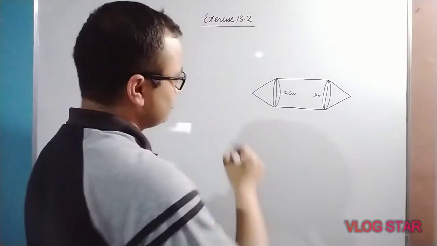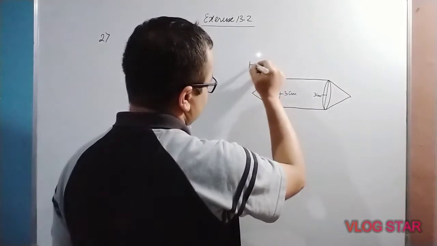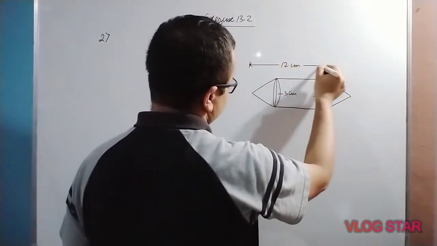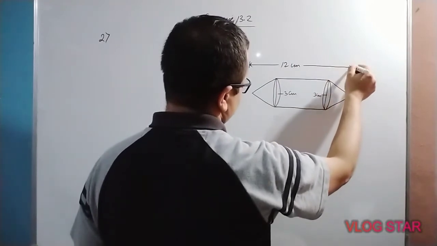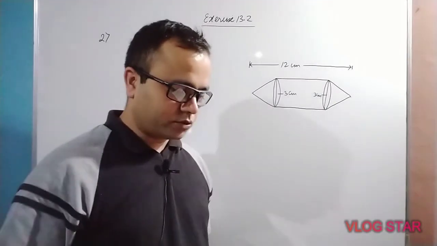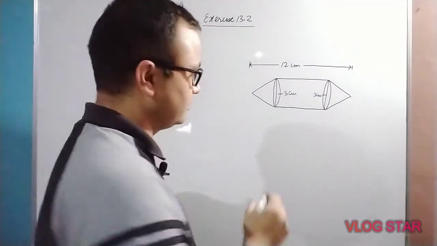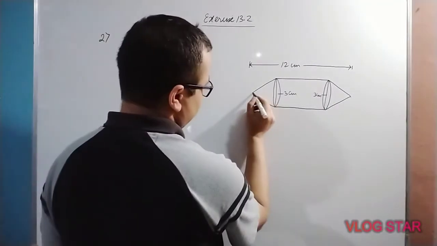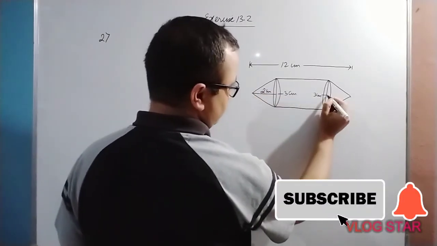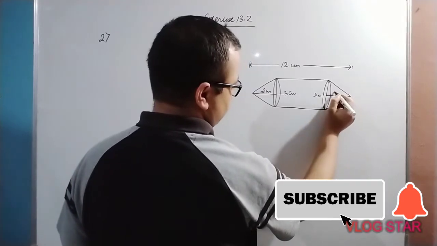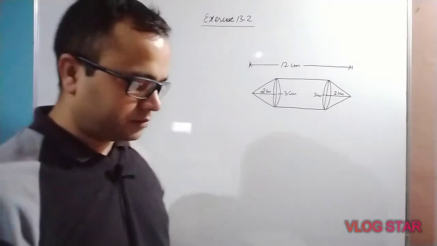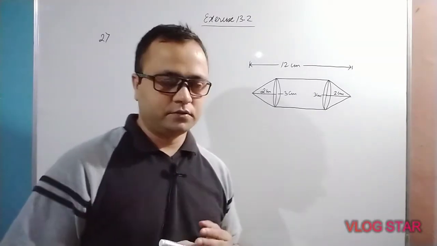Its length is 12 centimeters, so the total length is 12 centimeter. Each cone has a height of 2 centimeter. Find the volume of air contained in the model.